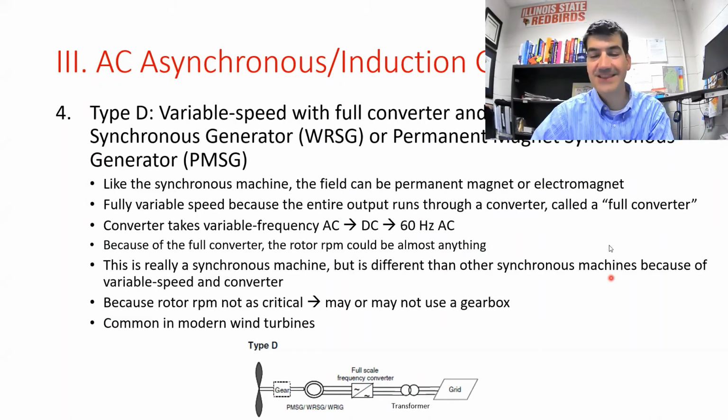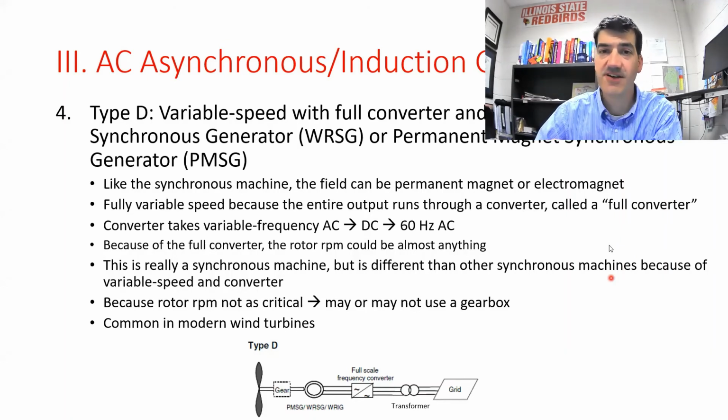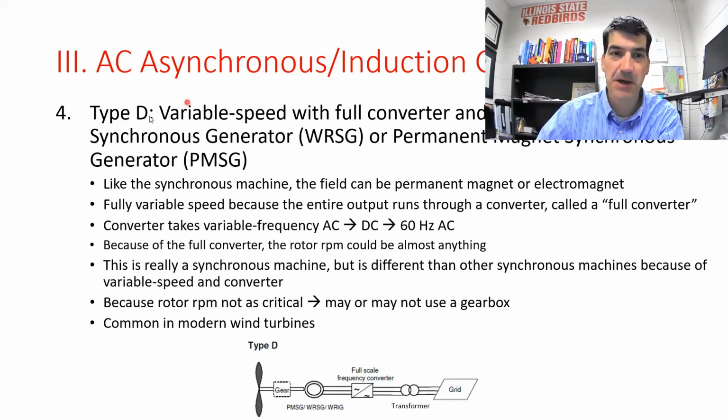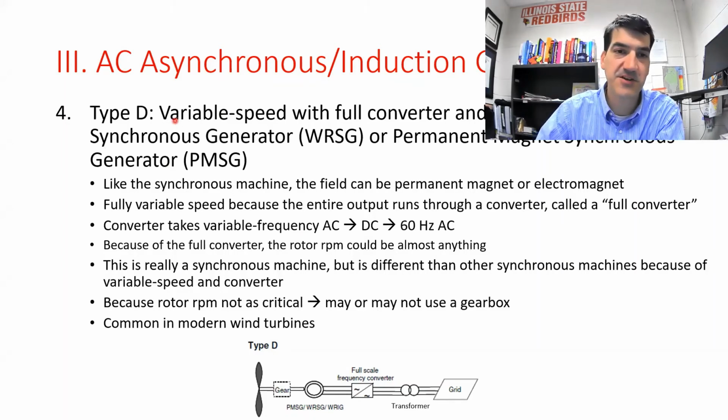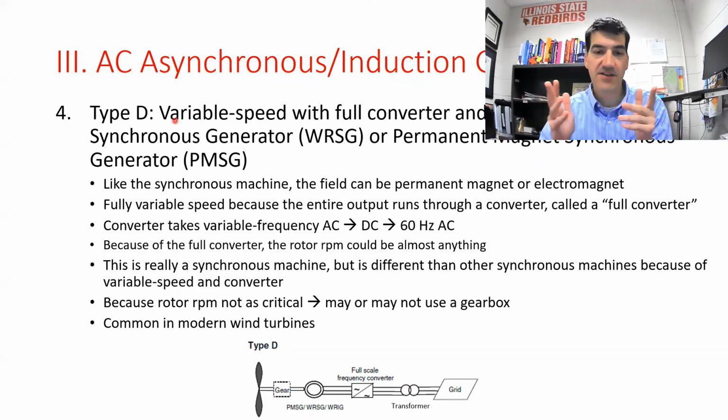That brings us to our last type of asynchronous generator, and that is the variable speed generator with the full converter. You can just call it that. It's a really long name up here, but that's just showing that there are two different types here, and we're just lumping them together. We've got a variable speed machine with a full converter.